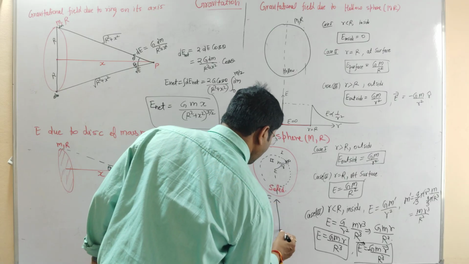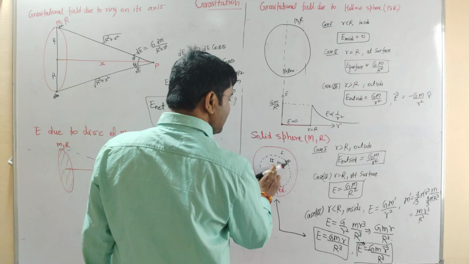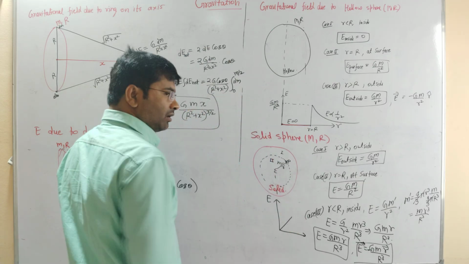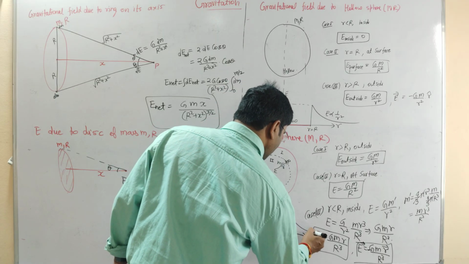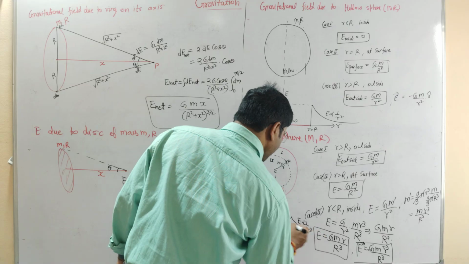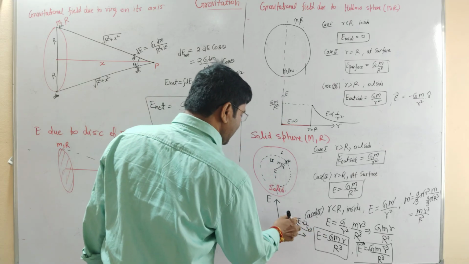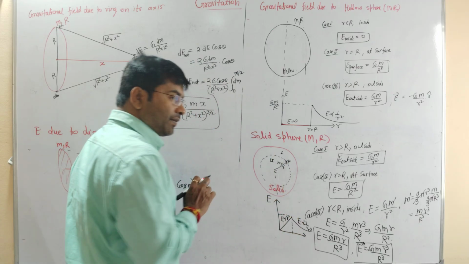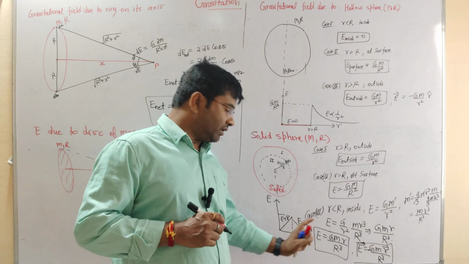Now if I'm plotting the curve, this is the center, and this is the gravitational field in value. From center to surface it will increase linearly, and then again it will decrease. Outside, E will be proportional to 1 upon r square. Inside, E will be proportional to r. So from center to surface E increases linearly, and from surface to infinity it decreases as per this relation.